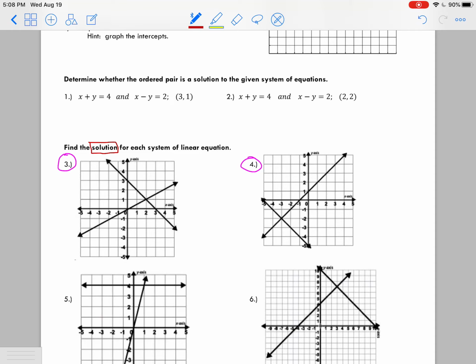I just realized, but remember that a solution, we always write this as an ordered pair. Okay, so what that really means is an x and a y. All right, so remembering that in a system of equations, the point of intersection is our solution. Means that the solution here would be at 2, 1.